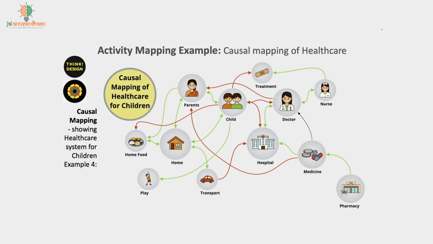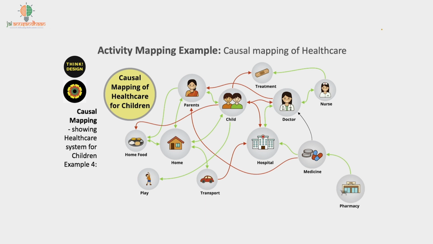The doctor is connected with a nurse who administers the treatment for the child. And the child with the parent makes sure that usually home cooked food is given to the child. The child likes to play. If you look at the hospital, it is connected to the medicine which is got from the pharmacy. So, if you look at the factors, they are all interconnected in some way or the other.